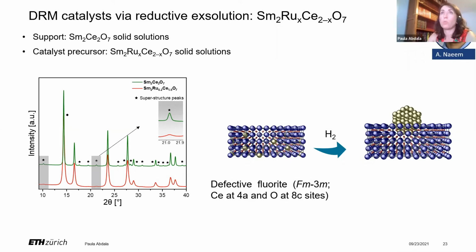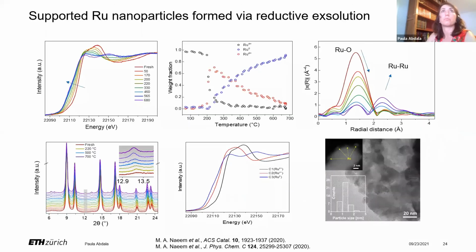So we wanted to follow how this reaction occurs during the reductive treatment to the formation of these small nanoparticles. We followed this with ruthenium K-edge and powder diffraction. And what we observe when we analyze this data is that the reduction proceeds via an intermediate state, which we call ruthenium delta plus.